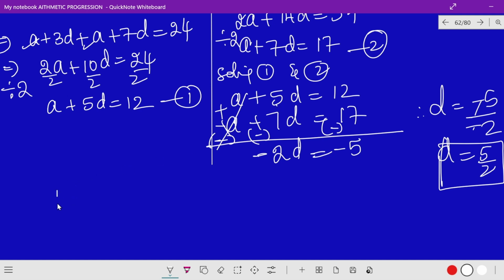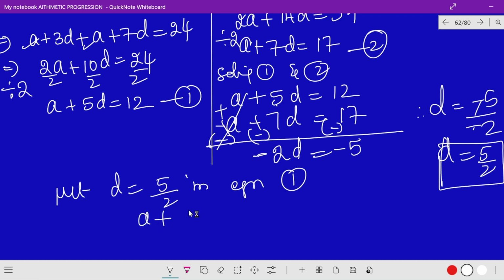I can substitute here. Put d is equal to 5 by 2 in equation 1 or 2. So a plus 5 into 5 by 2 is equal to 12. Therefore, a plus 25 by 2 is equal to 12.